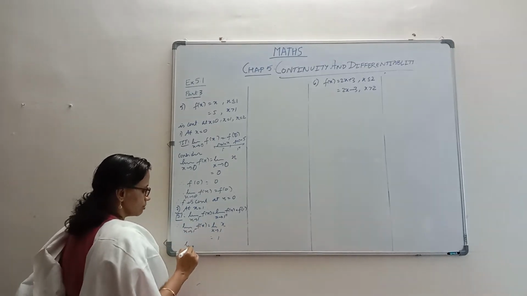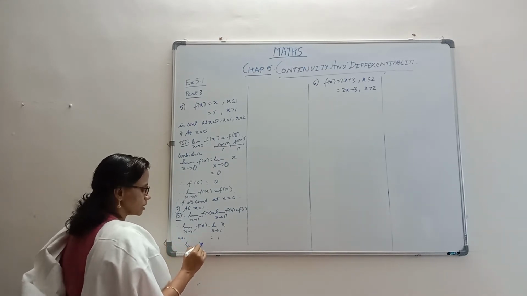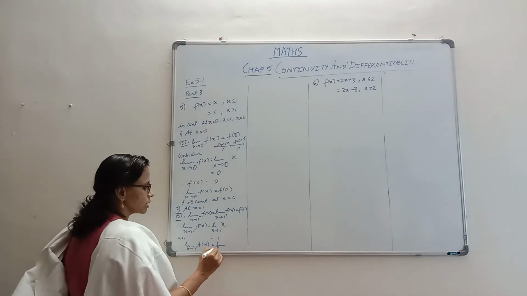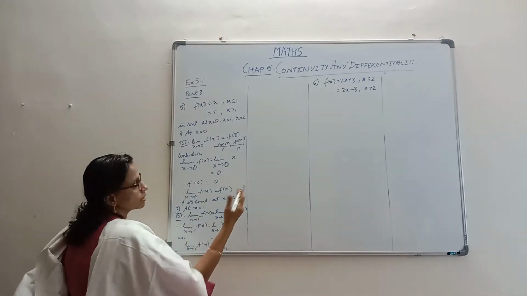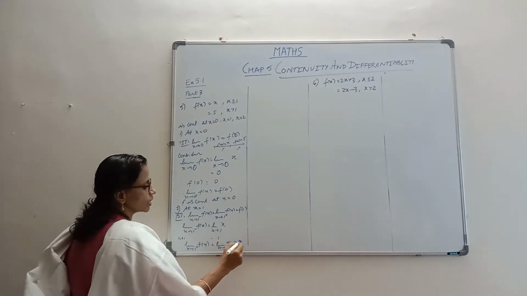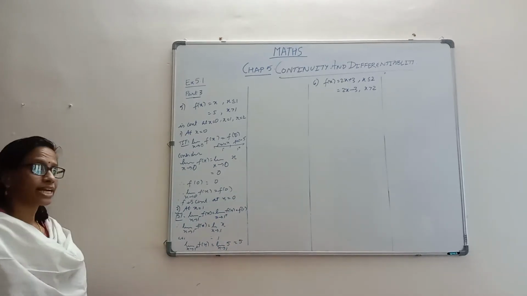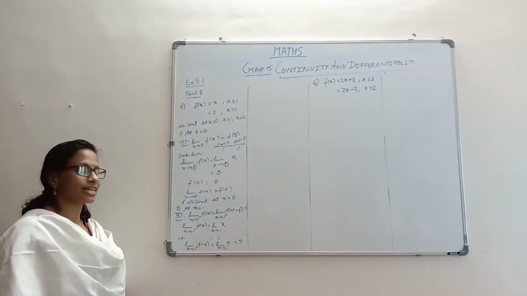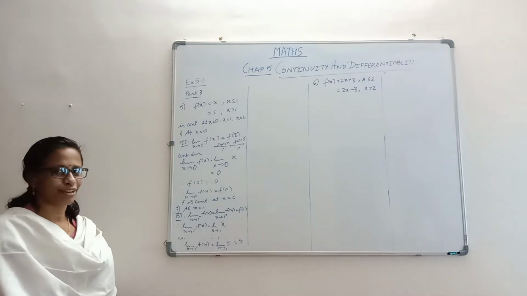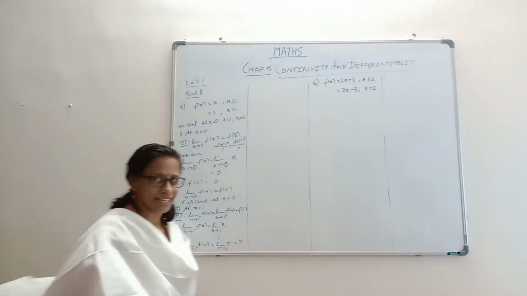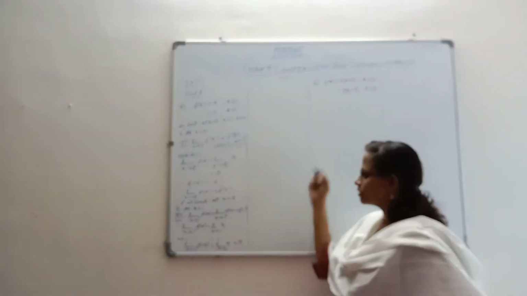Then we'll check limit as x tends to 1 plus. 1 plus means it is going on the other side of 1 where it is defined as 5. So on the left side it is defined as 1, but on the right side it is defined as 5. So they are not same, so it is not continuous there, right? When they are not same, they will not be continuous.